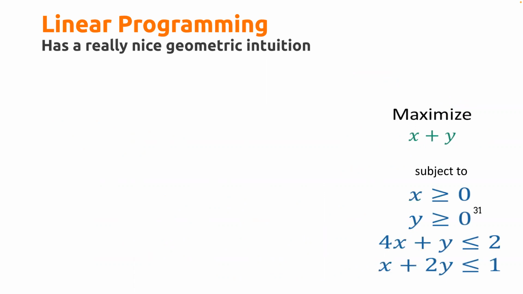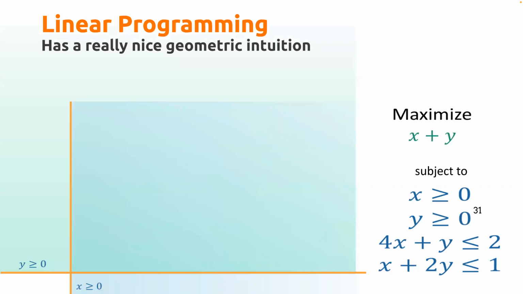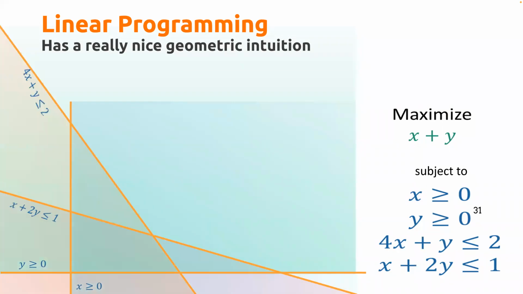Okay, I'm not going to go into detail exactly how to do it, but just so you guys know. They also have a really nice geometric intuition. So if you guys have never seen this, there's a geometric way to think about this, which is you can plot x greater than or equal to 0 on your graph. Y greater than or equal to 0 means you are now considering this intersection, right? And you can plot the rest of the inequalities where it turns out that the only thing you're considering is this inner block.